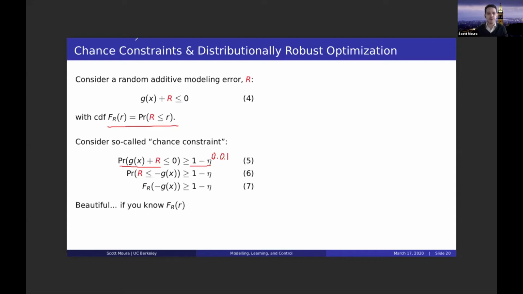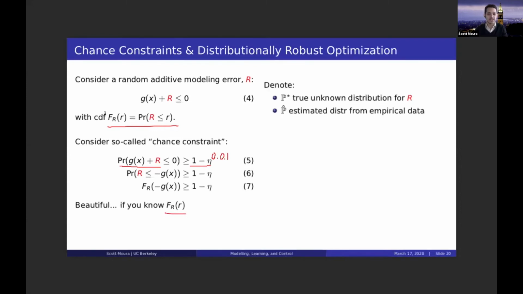But the problem is that we don't know generally the statistics on our modeling error, because to do so, we'd have to know what truth is. So this leads to what's known as a distributionally robust approach. So just notationally, let me define the true distribution for R as P star.